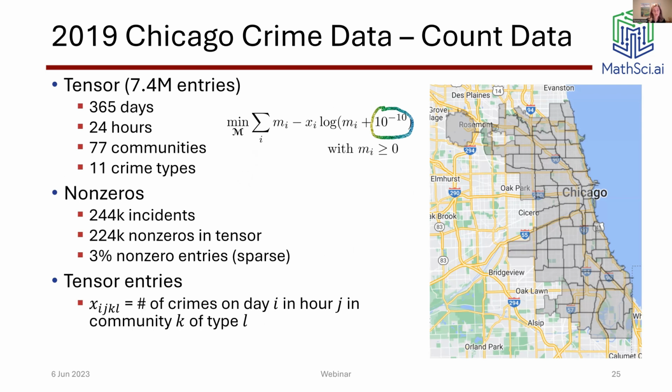So we'll put in some small positive values so that we never take the log of exactly 0. So in MATLAB, we'll just change the function ever so slightly with this plus 10 to the minus 10. It'll still be an enormous value if xi is non-zero and mi is 0, so it would work well enough from an optimization point of view. And then we can say mi is just non-negative rather than strictly positive.